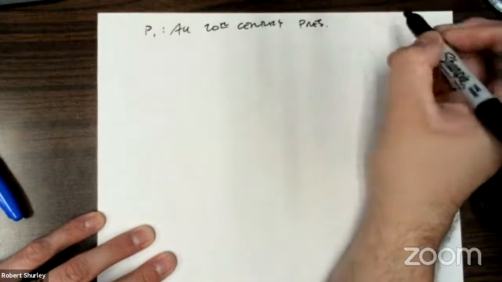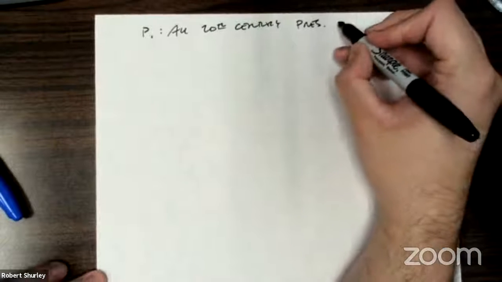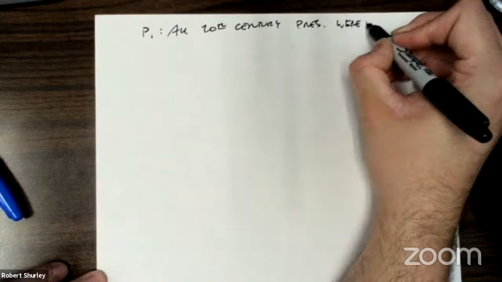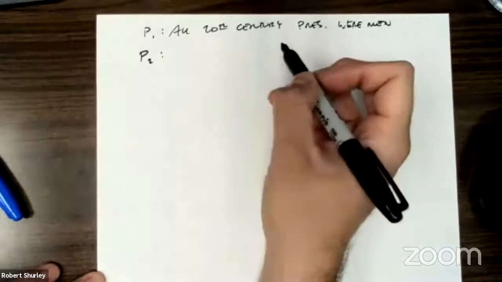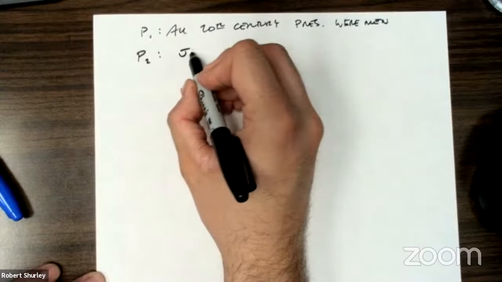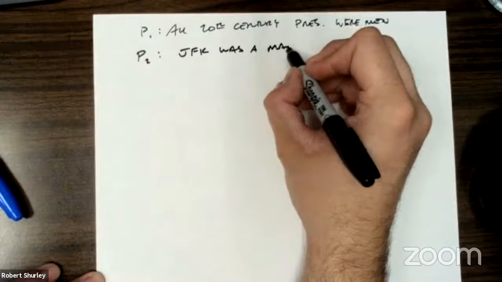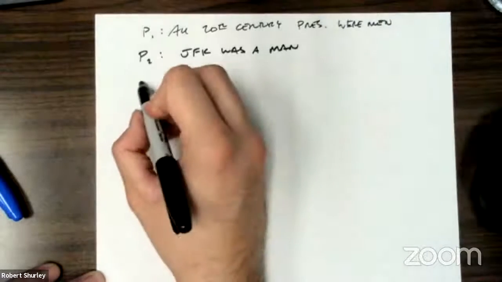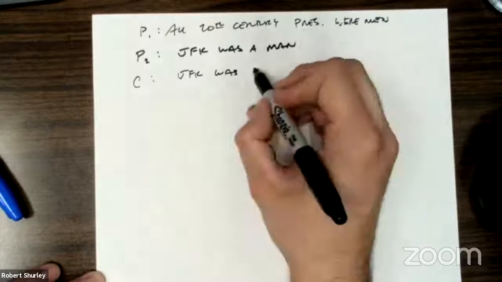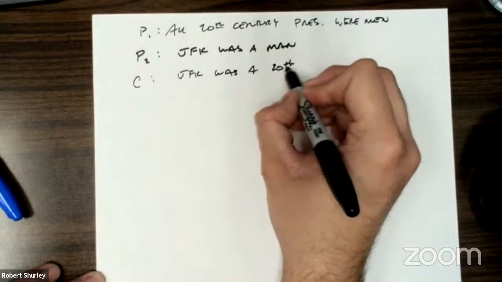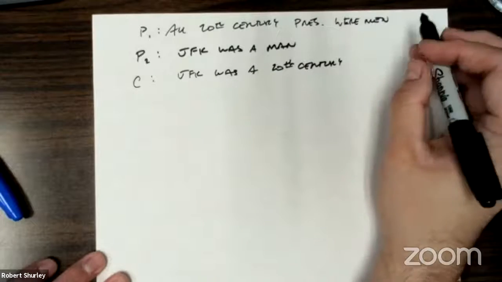Premise two: JFK was a man. Conclusion: of course, JFK was a 20th century president.